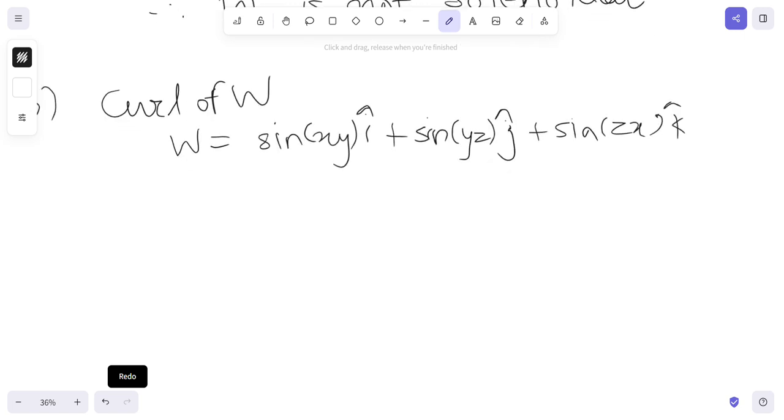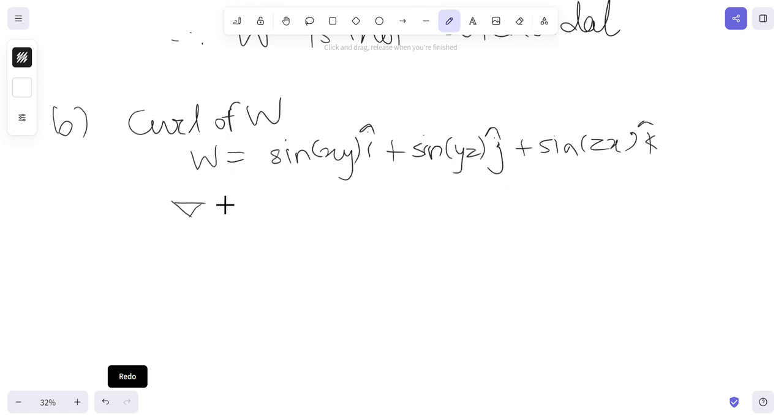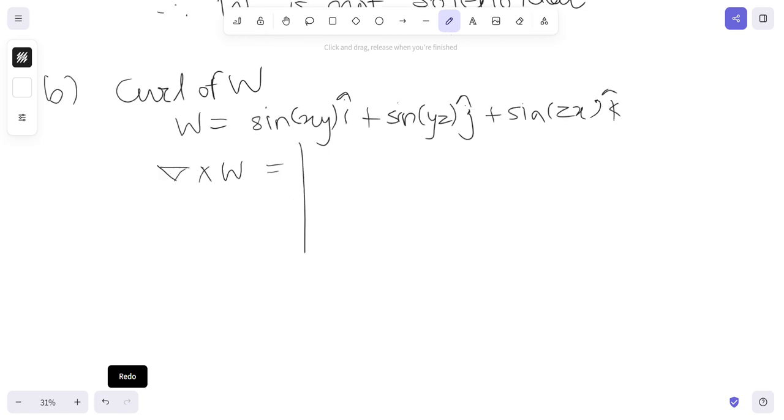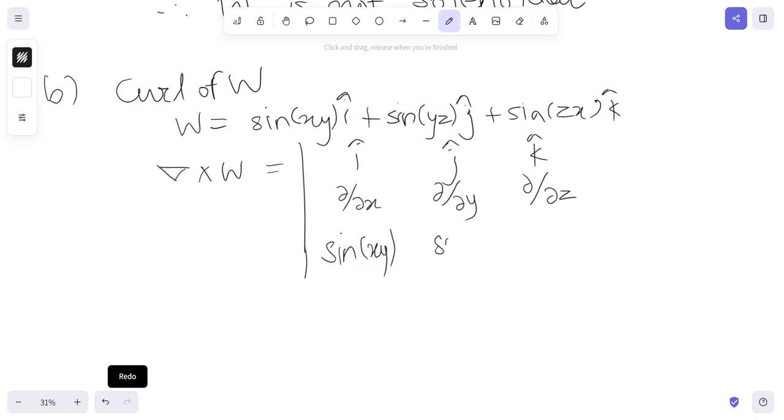So now, to find the curl, we will take the cross product of gradient and W. So we would write i cap, j cap, k cap, derivative with respect to x, y, and z. Here we would write the first, second, and third terms: sin of xy, sin of yz, and sin of zx.